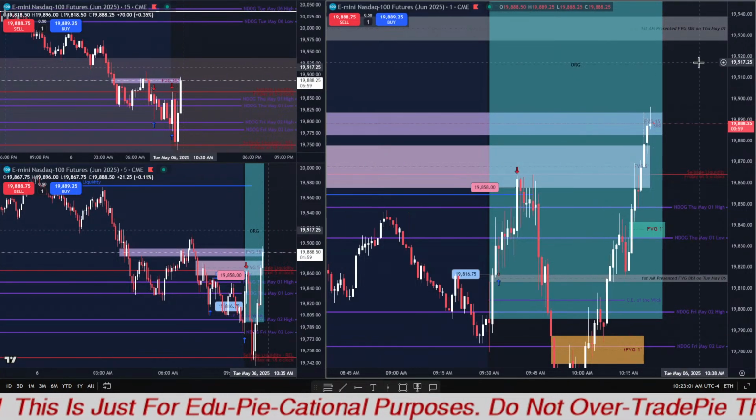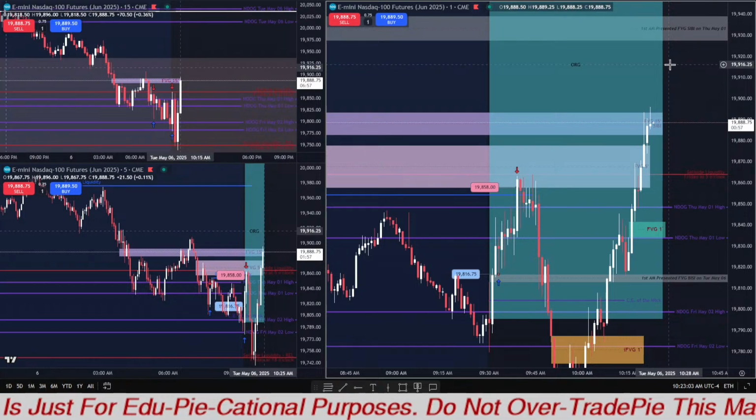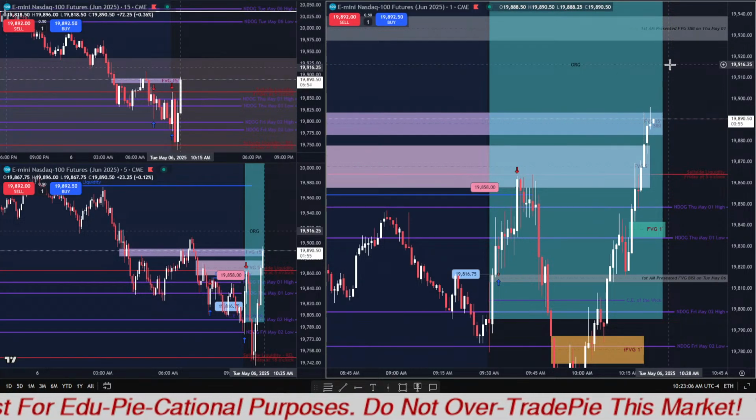This is my terminus, the midpoint of the opening range gap for today's morning session.